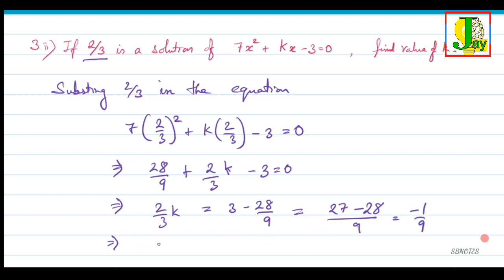So k equals, by cross multiplication, 3 goes to the numerator, minus 1/9 into 3/2. So 3 goes 3 times, we have minus 1/6. That's the value of k when 2/3 is the solution of the given equation.